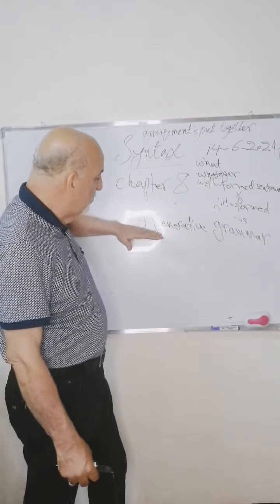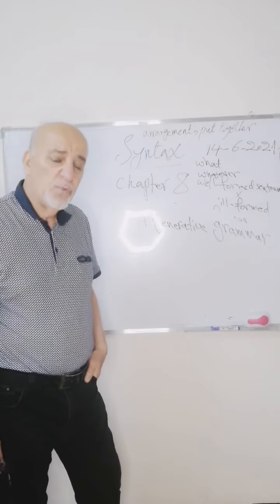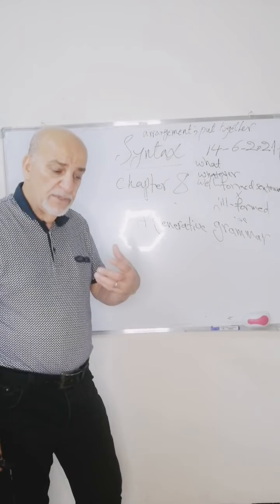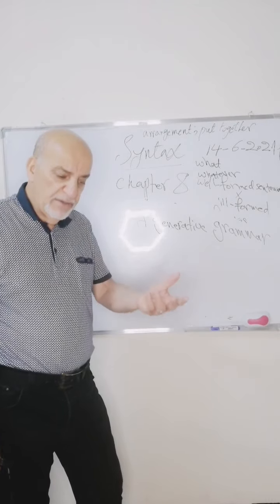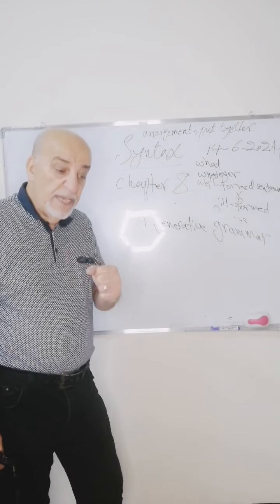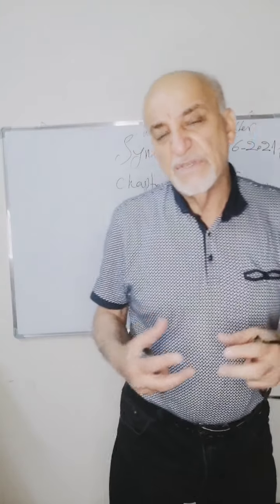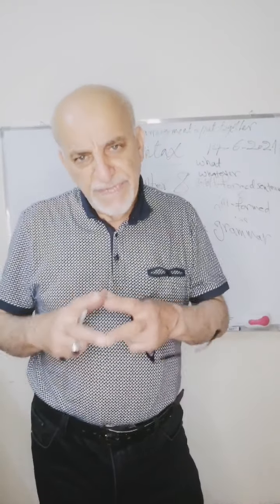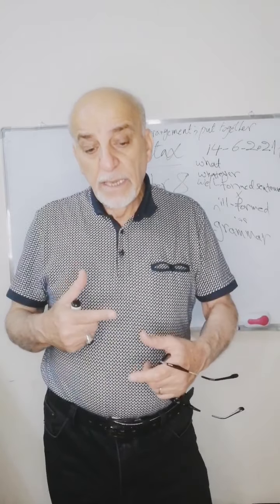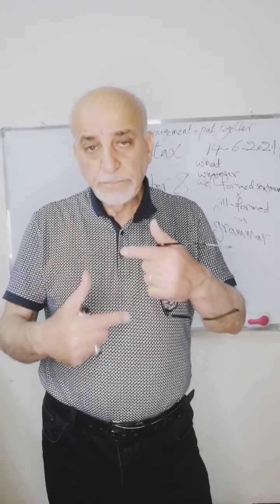So now, generative grammar is related to syntactic rules. In what sense? Because generative grammar generates phrases, and it generates sentences. And both the phrases and the sentences which are produced by syntactic rules are what?